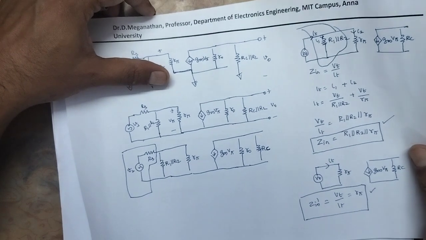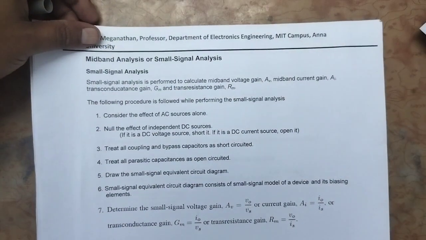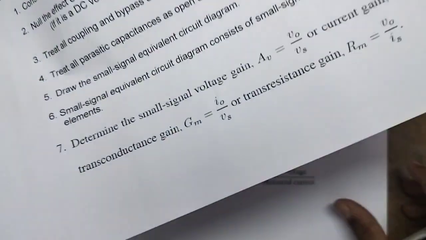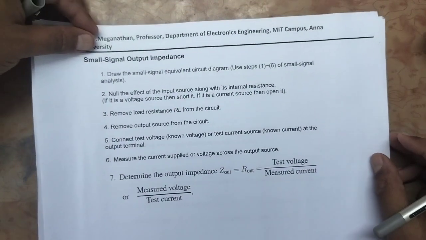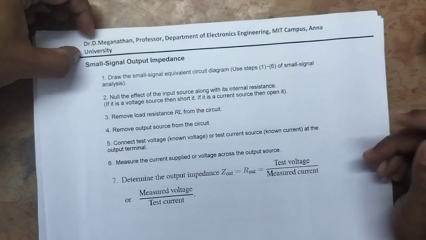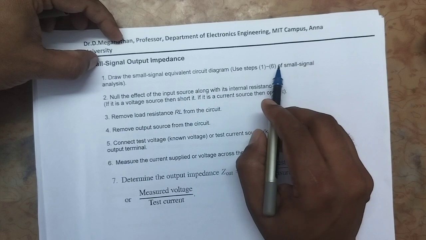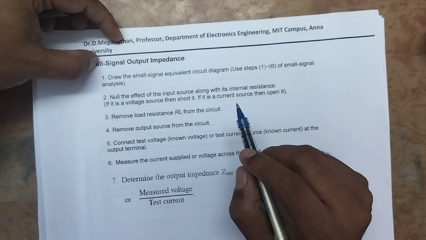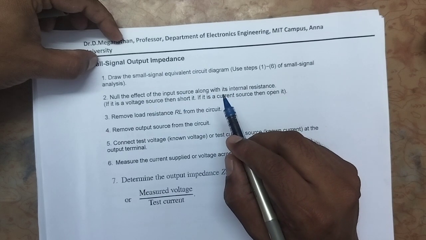Right? So next one is we are going to measure the output impedance. This is the procedure for measuring the output impedance. Step 1 is draw the small signal equivalent circuit diagram by using the procedure of the small signal analysis.